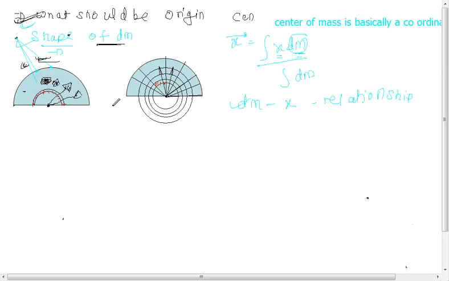So the shape of my dm is this, a circular ring.